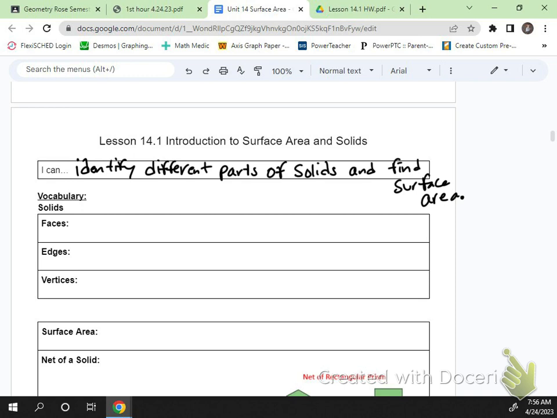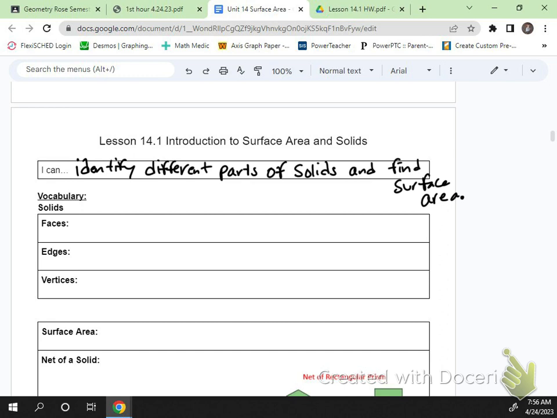Surface area is not so bad. We've done the area of all of these shapes, and now we're just going to combine it together. The hardest part is visualizing, so I'll have hands-on activities as we go.